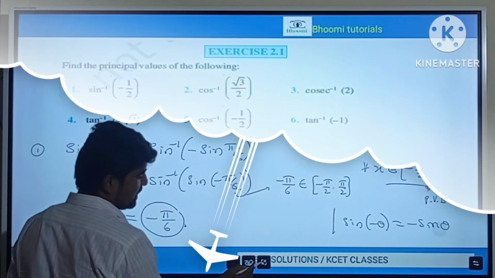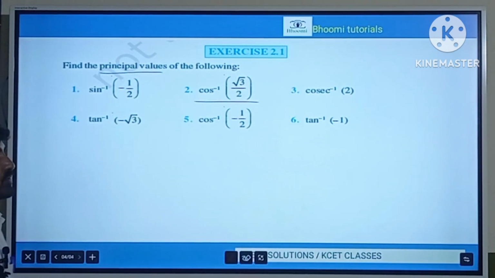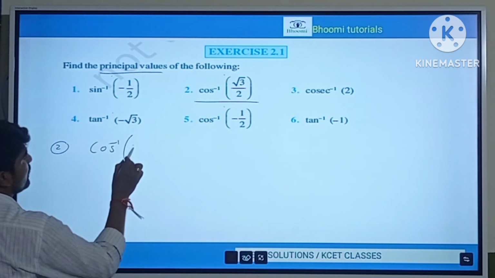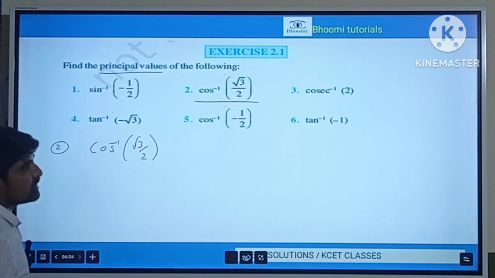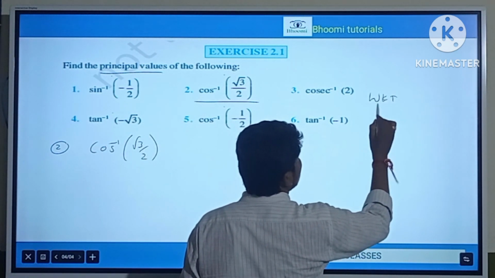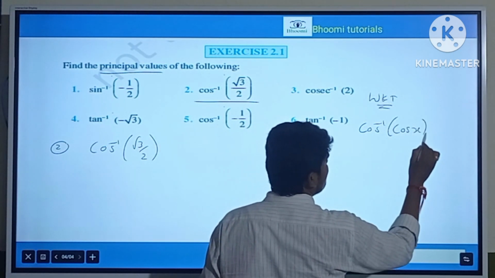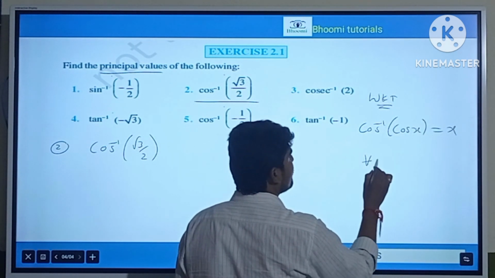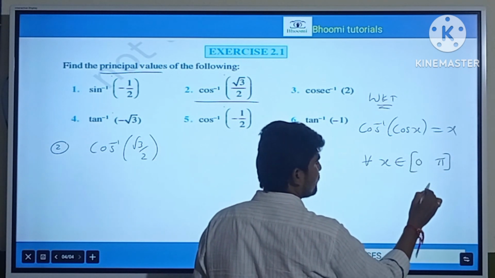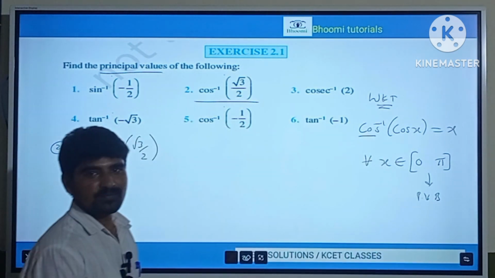Now, let us start the second question. Find the principal value of cos inverse root 3 by 2. To solve this, we know the property of inverse trigonometric functions: cos inverse of cos x is equal to x, for x belongs to the closed interval 0 to pi, which is the principal value branch of cos inverse x.